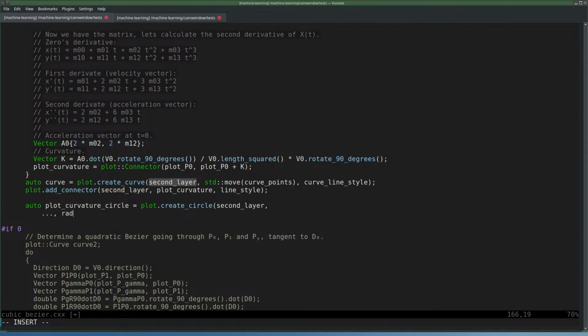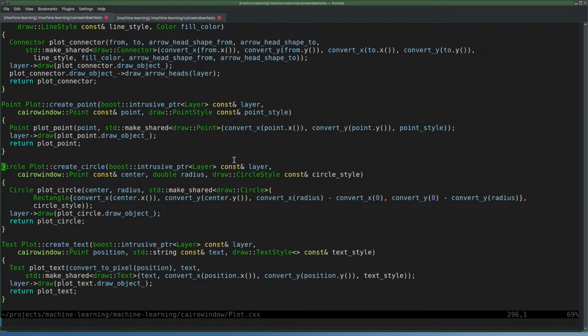Let's calculate the radius separately. Center and radius, and then a circle style.